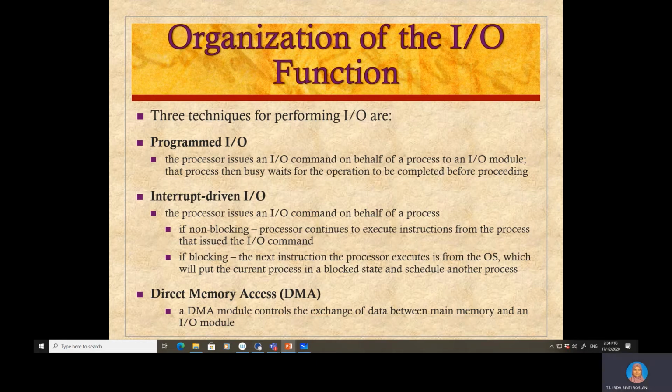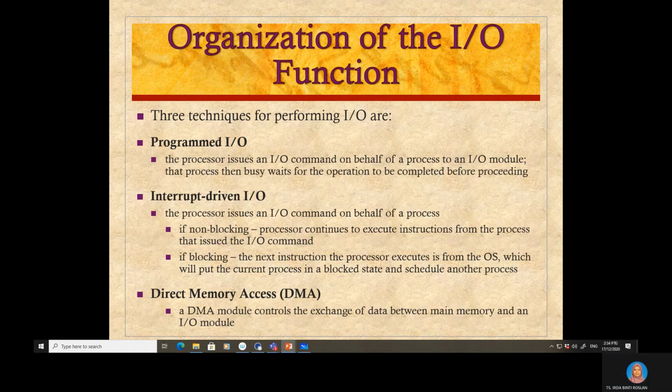The second one is interrupt-driven I/O. This is where the processor issues an I/O command on behalf of a process, still the same as programmed I/O, but the difference is it has conditions. If it is non-blocking, then the processor continues to execute instructions from the process that issued the I/O command.